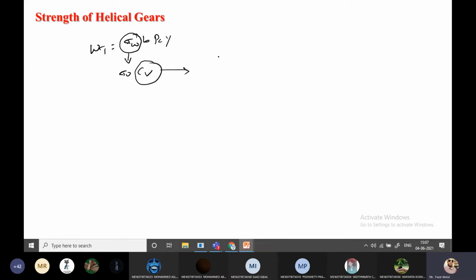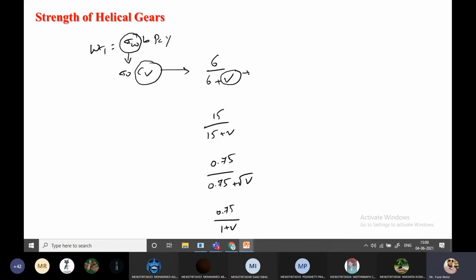I am writing on the screen: 6 by 6 plus V, another equation 15 by 15 plus V, 0.75 by 0.75 plus square root of V, and another one is 0.75 by 1 plus V, where V is the pitch line velocity, that is pi dn by 60.